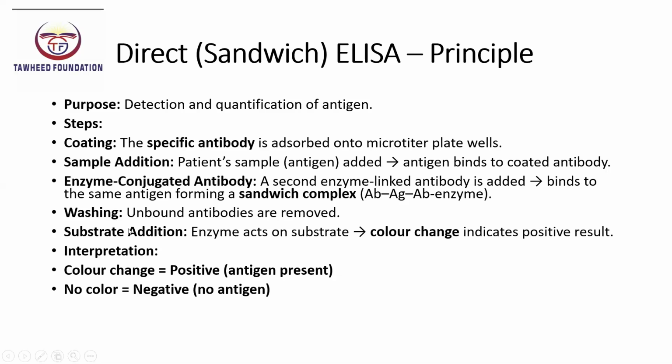Washing removes unbound antibodies. Substrate addition. Enzyme reacts with substrate that gives color change, indicates antigen presence. Interpretation. Color change, it means positive, that is antigen is present. No color change, it means negative, no antigen is present.